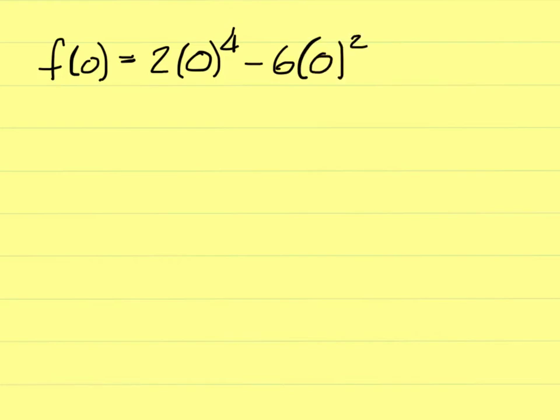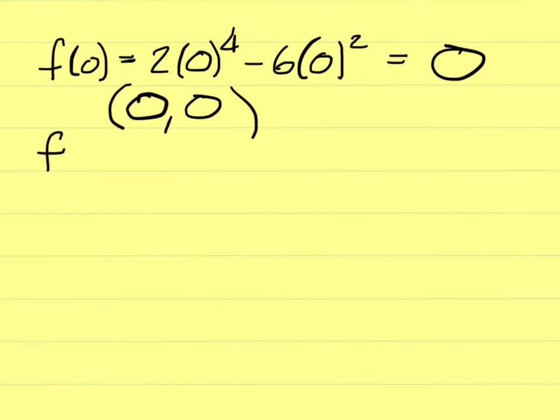Now let's plug in 0 to the original function, and that's going to be 2 times 0 to the 4th power minus 6 times 0 to the 2nd power. Clearly that is going to be a 0. So your first critical point is 0, 0. Then go back and plug in the positive square root of 3/2.